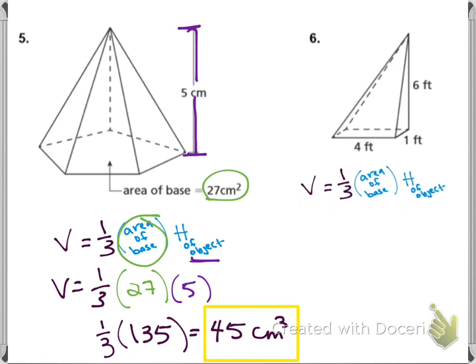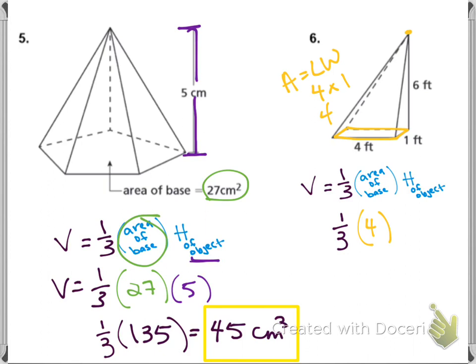And then the last on this page, go ahead and highlight that base. It is a rectangle, so length times width, 4 times 1, which is 4. So we're going to have 1/3 times 4, and then times the height of the object.